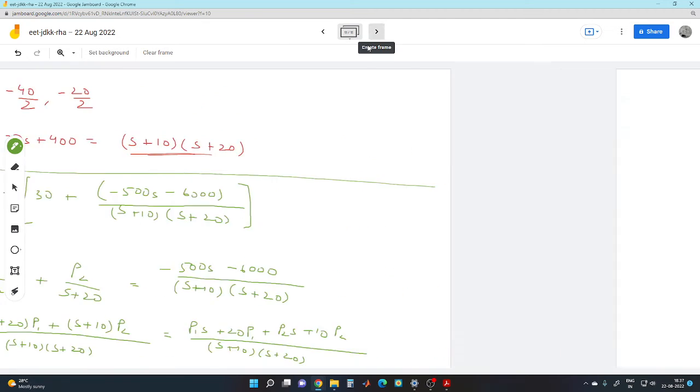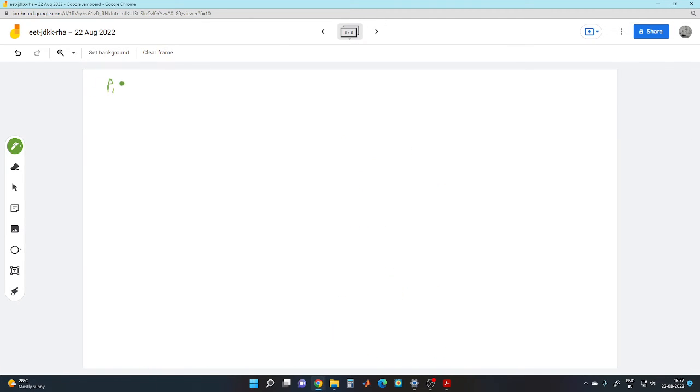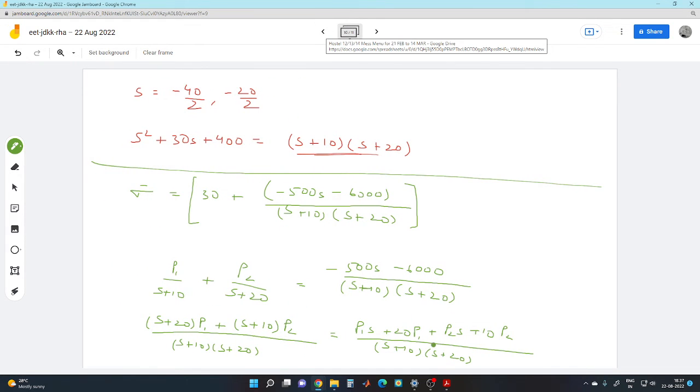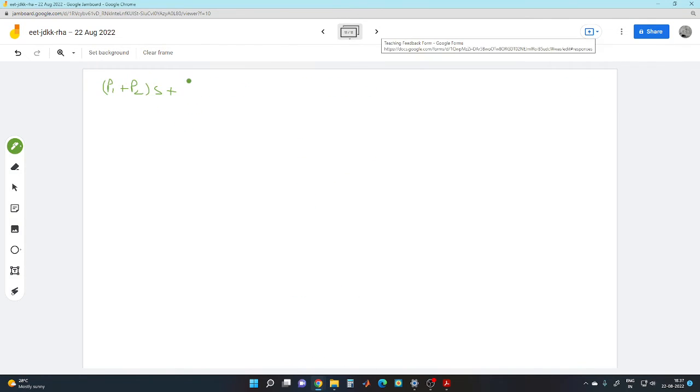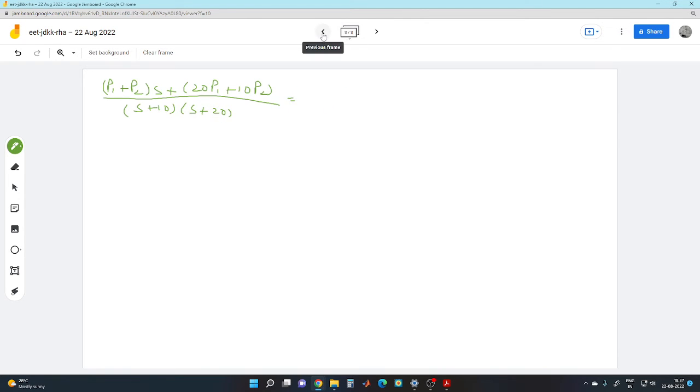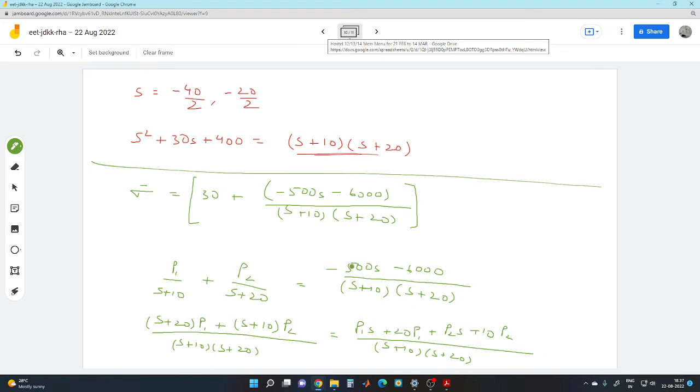So we can further write it as P1 plus P2 S plus 20 P1 plus 10 P2 upon S plus 10 S plus 20 is equal to this.